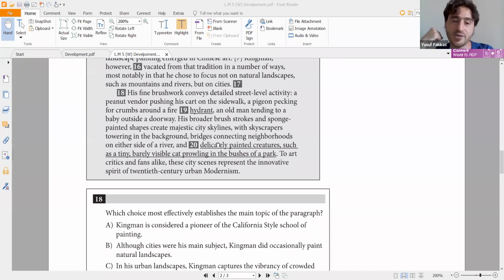Question number 18 requires reading the whole paragraph, but I'm not going to read it just to answer 18 and then read it again for 19 and 20. My focus is on 18, but questions 19 and 20 are usually simple questions like punctuation, grammar, subject-verb agreement, wordiness, redundancy, and I can do them immediately.